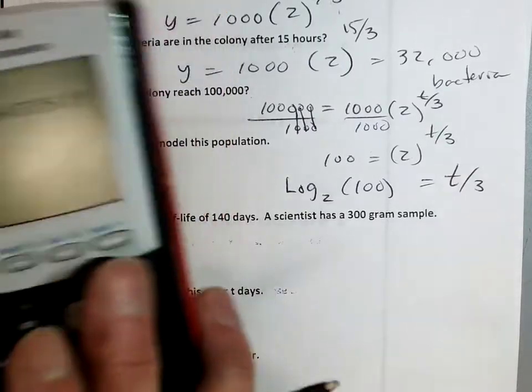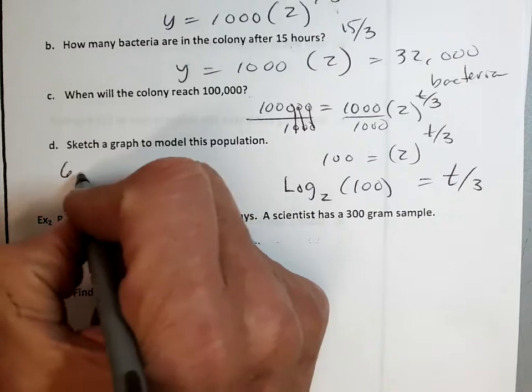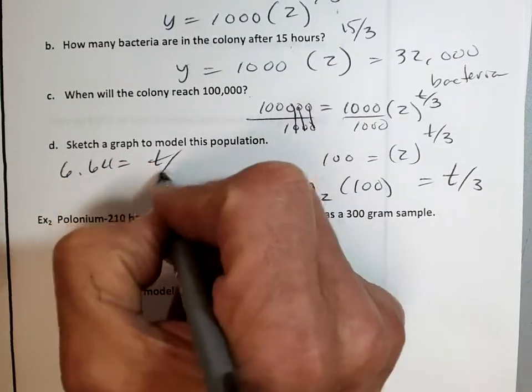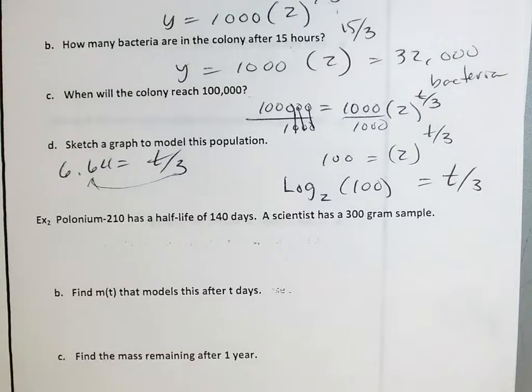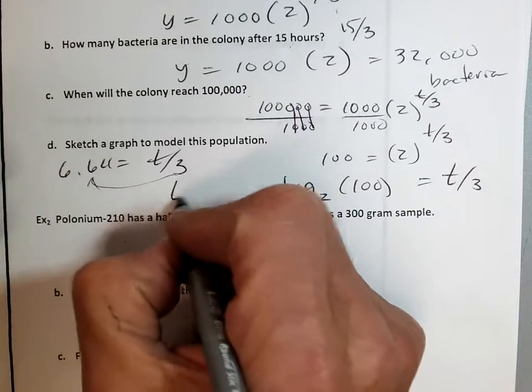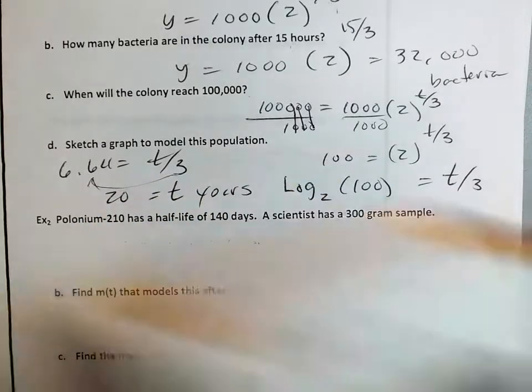I get an answer of about 6.64 equals T over 3. Multiply it by 3. Am I going too fast? Times 3, and I get about 19.93, or about 20. T equals about 20 hours, okay?